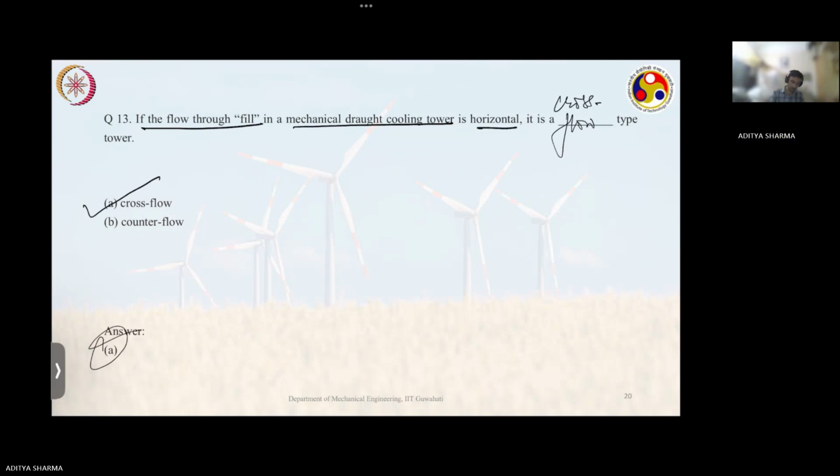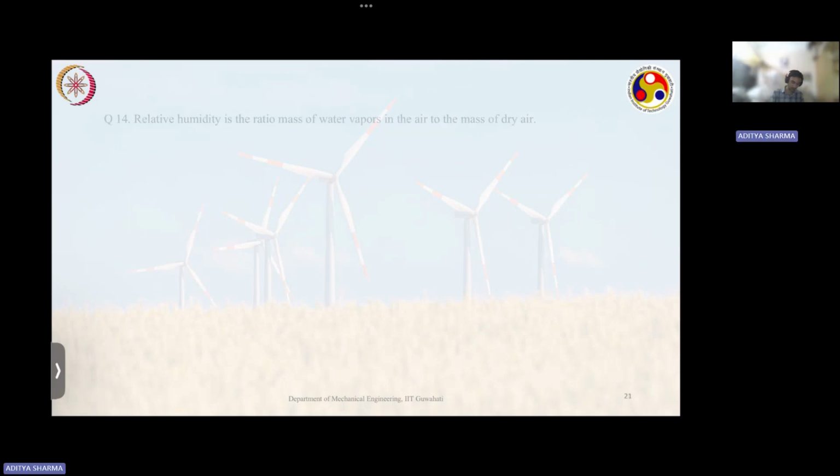Then this is your question number 14. So this talks about relative humidity, the ratio of what is relative humidity. We have seen that relative humidity is the ratio of mass of water vapors in air to the mass of dry air. Whether this is correct? This is not correct.